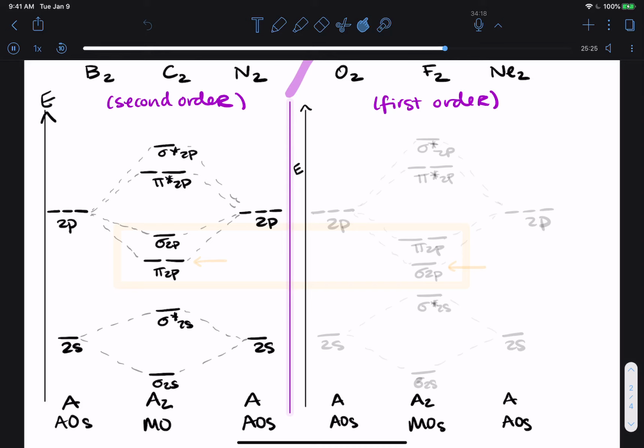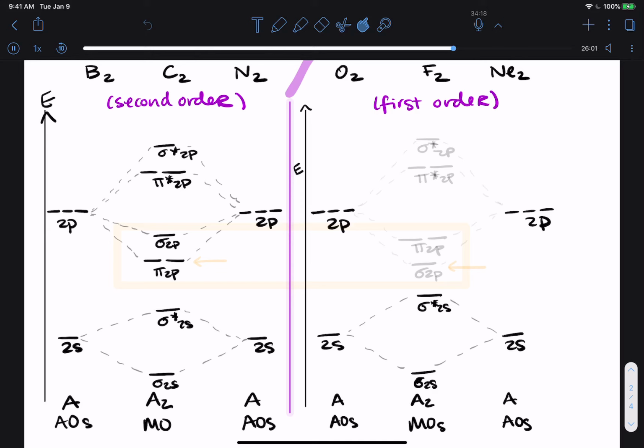A is going to have a 2s, and 2p, and 2p. There's nothing different about how the s orbitals interact, so I will have a sigma 2s and a sigma star 2s. And I'm just going to get my color switched and go ahead and connect these, right, with the connecting dots.